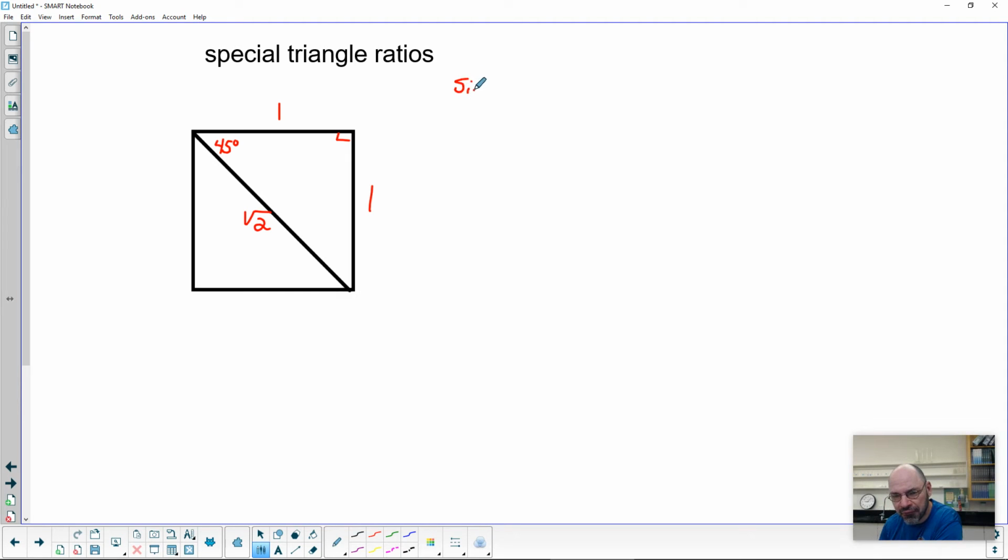Sine 45, its ratio is always 1 over root 2, because sine we know is opposite over hypotenuse. Okay, and if we do cosine 45, that's adjacent over hypotenuse.